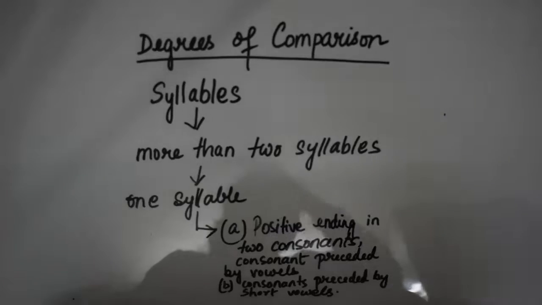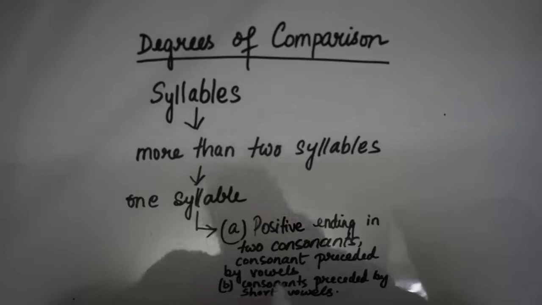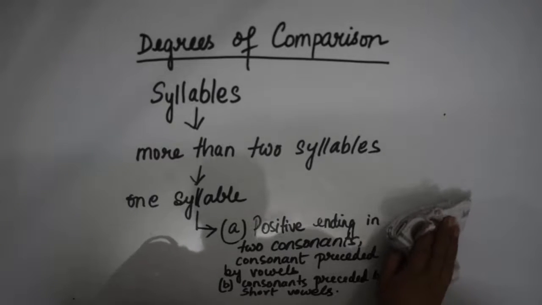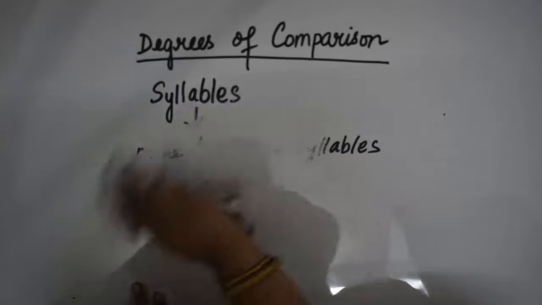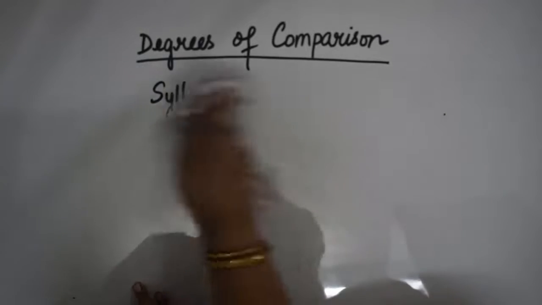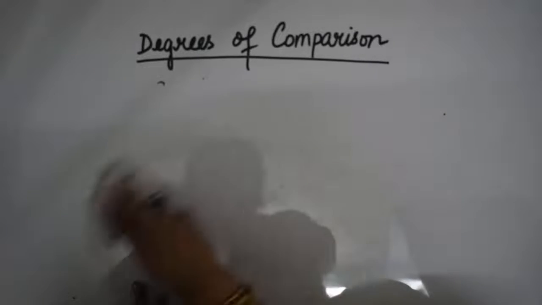Now I'll move over to the next rule, and this is probably the simplest of all the rules. The rule that I'm going to teach you now is probably the simplest of all the rules.